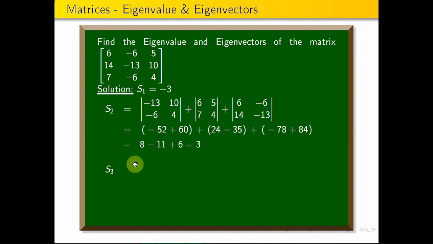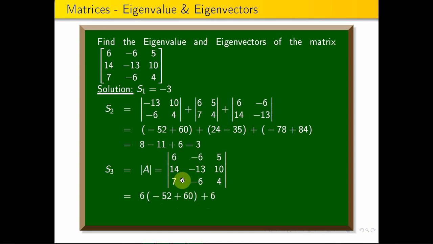Now S3 is nothing but the determinant of the matrix A. I am going to find the determinant by expanding along the first row. 6 into minus 13 into 4 minus 52 plus 60, minus of minus 6, so this becomes plus 6, 14 4s are 56 minus 7 into 10 is 70, plus 5 into 14 6s are minus 84 plus 91.